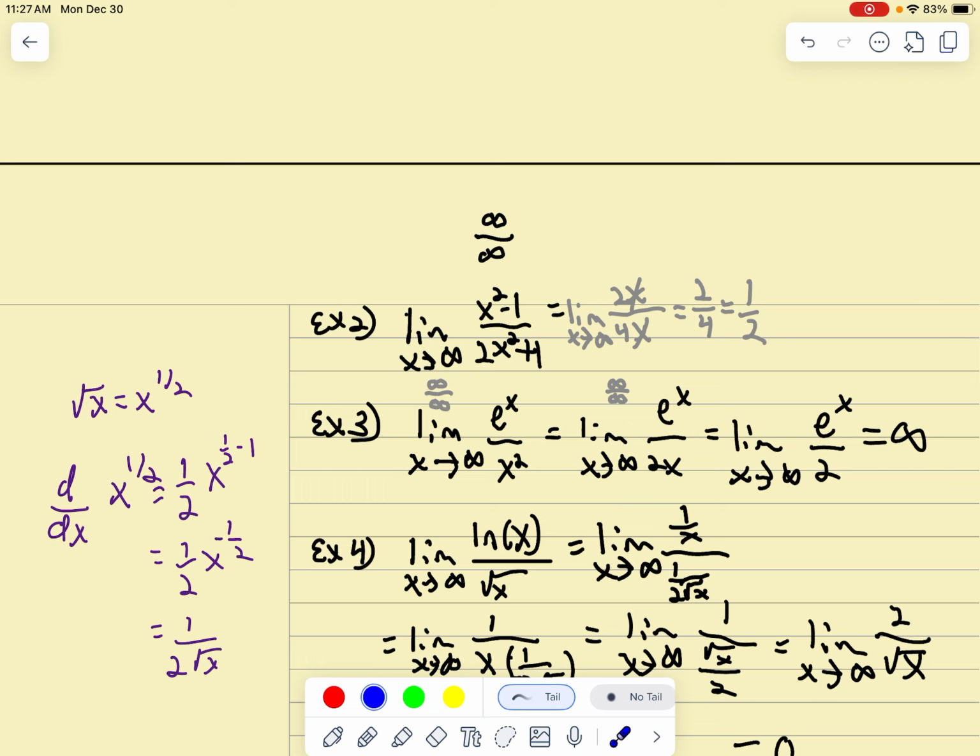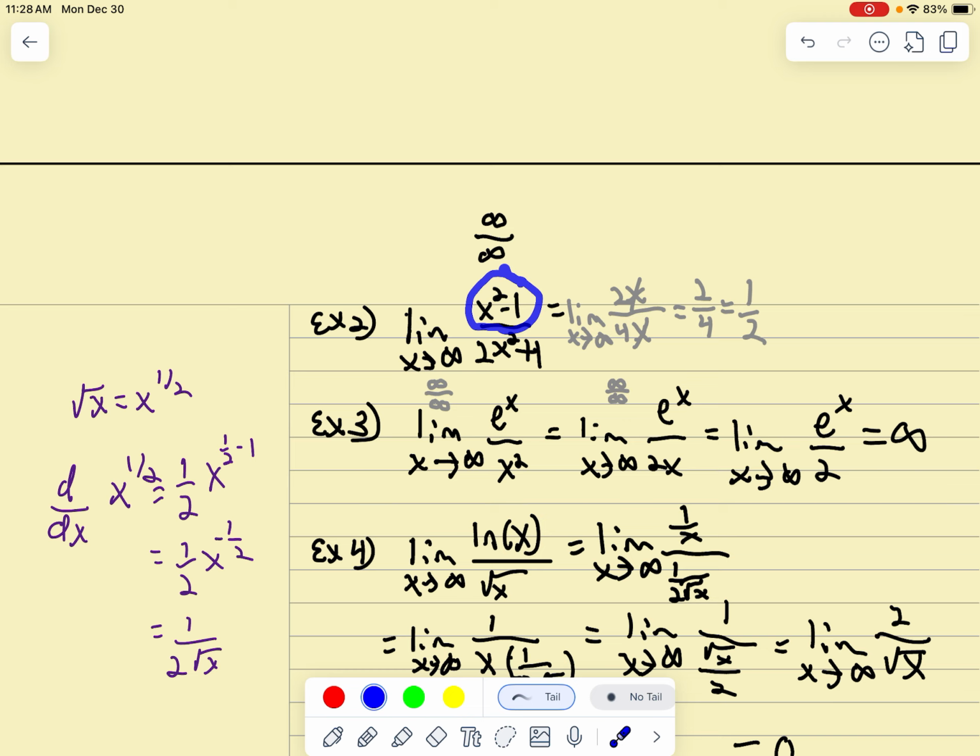Let's try example 2. The limit as x goes to infinity of x squared minus 1 over 2x squared plus 1. Now, if you remember your time in math analysis, or even in advanced algebra when we were talking about rational functions, you would remember that if it's a rational function, which means it's a ratio of polynomials, all you have to do if you want to look at limits at infinity is to look at the ratio of the lead terms.